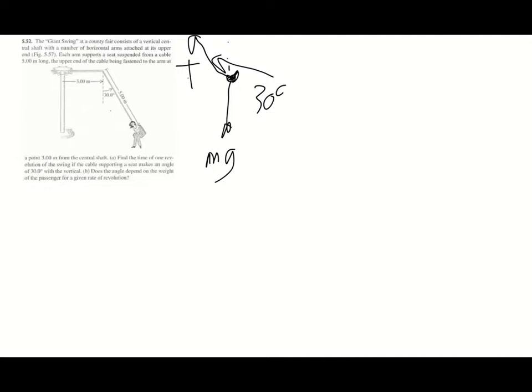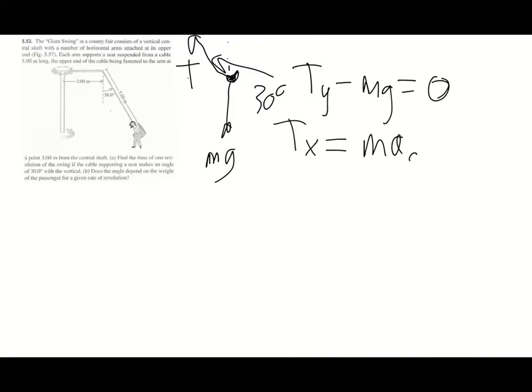Okay. And what that means for us is that Ty minus mg is going to equal 0 because it's going to be balanced in this direction. And Tx is going to equal m a sub c, because that's the part that's going to keep it going in a circle.